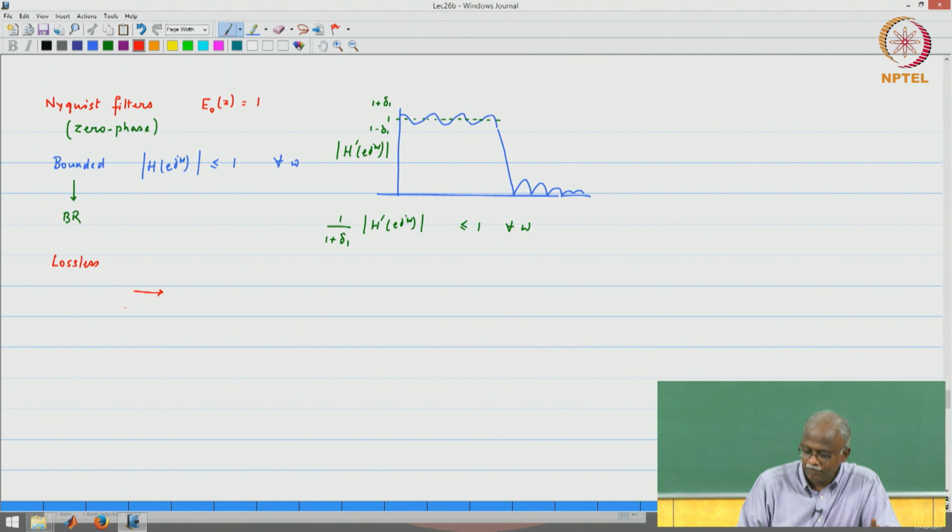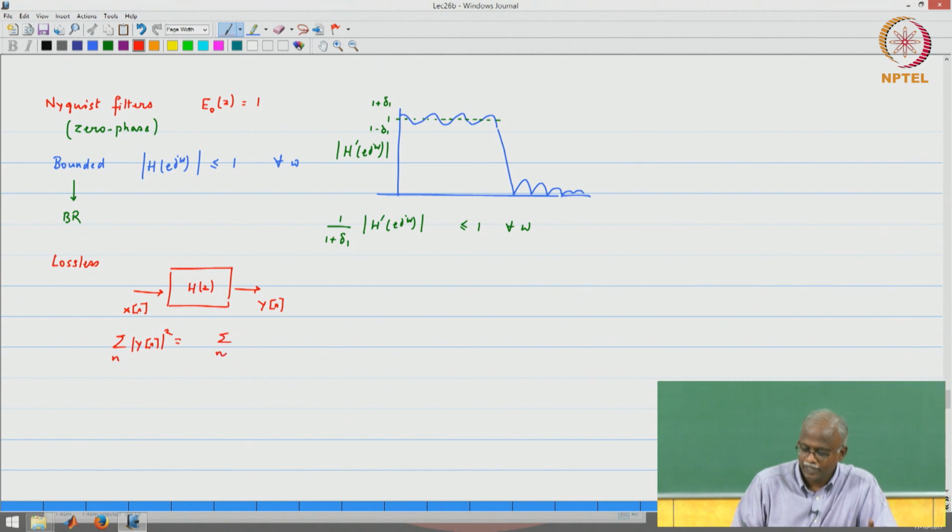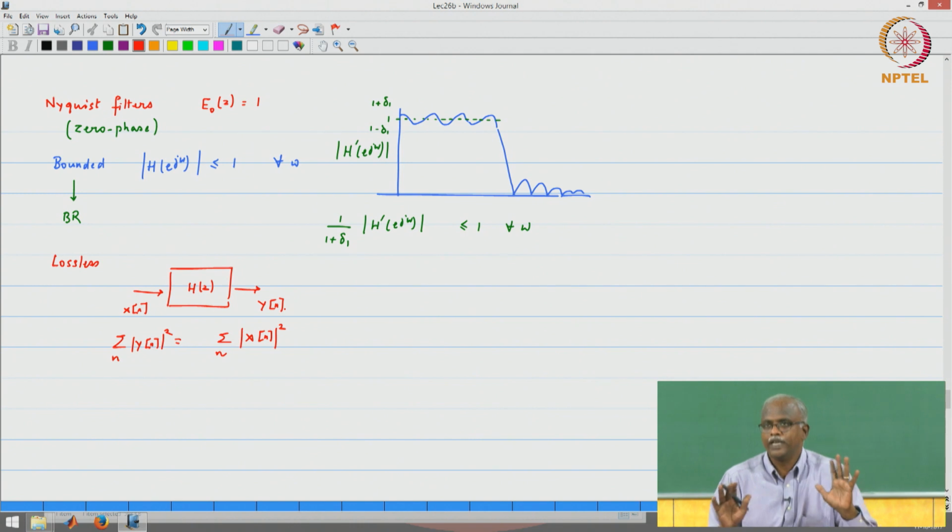Lossless basically says if I input x of n to this filter H of z and I get an output y of n, the energy is preserved. Summation over n of |y(n)| squared is equal to summation over n of |x(n)| squared. So that means you do not lose energy in the signal.